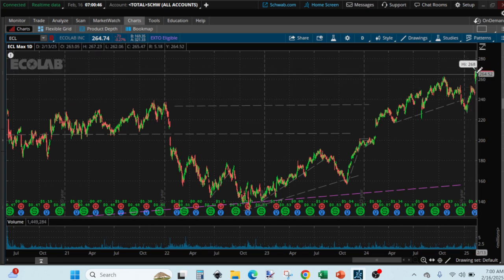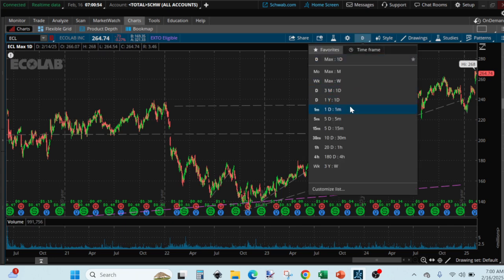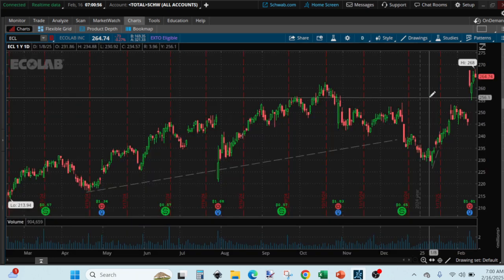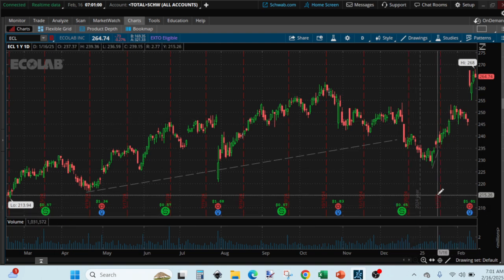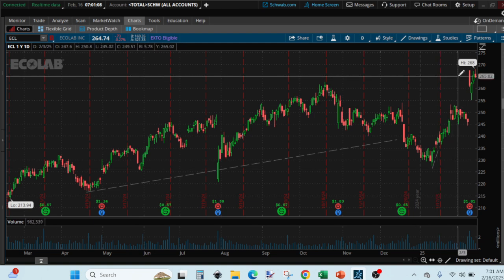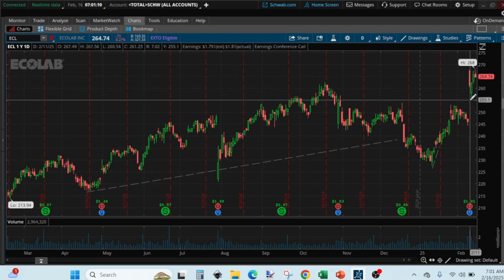At this point though, the price is somewhere up there. If we go to the 1 year daily chart, we will not see the low trend line that we traced, and that's why we are using the maximum daily chart instead of the 1 year daily chart.